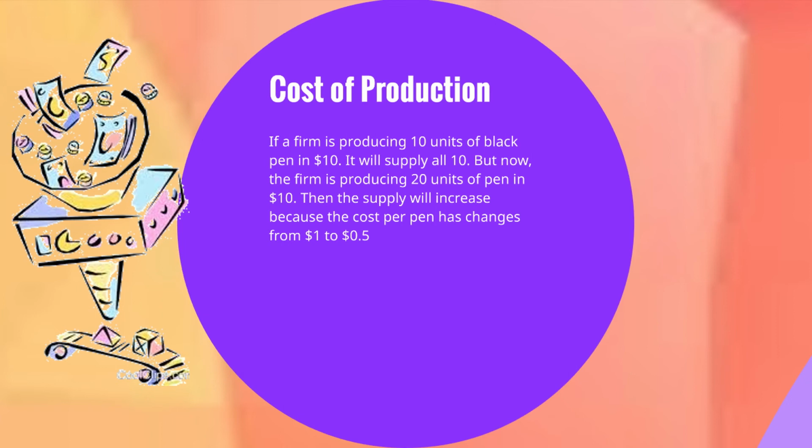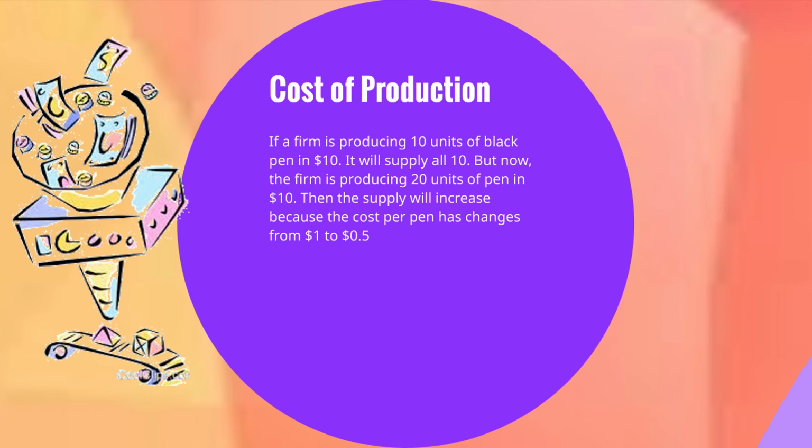This can also happen the other way. You were producing 20 pens for $20. Now the same 20 pens you are producing for $40. This means the cost of production has increased by $20, and per pen it has increased from $1 to $2.